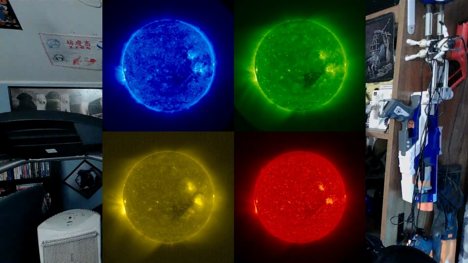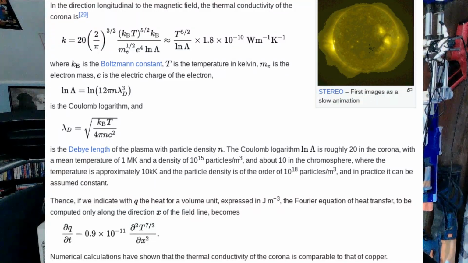The matter of the corona is in the state of plasma at the very high temperature of a few million Kelvin and at the very low density of the order of 10^15 particles per cubic meter. I'll have the equation on screen.